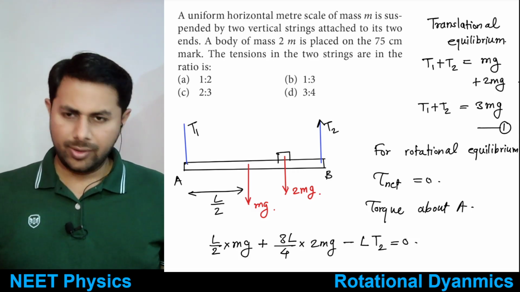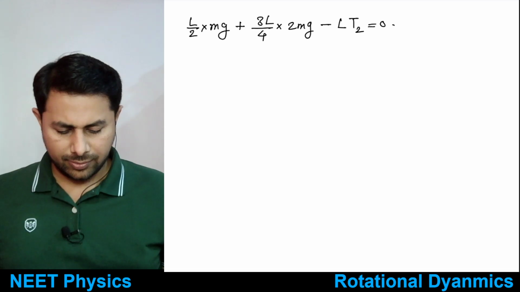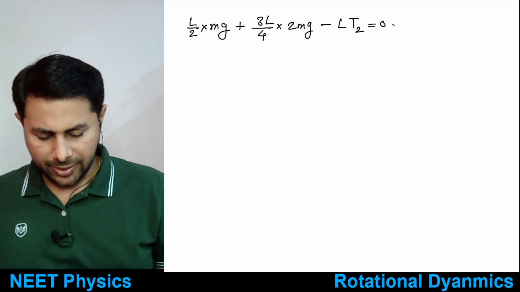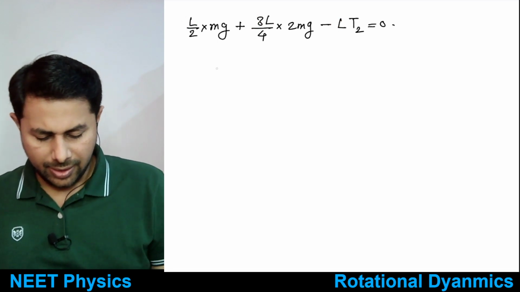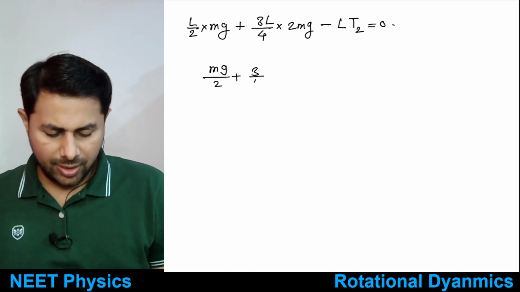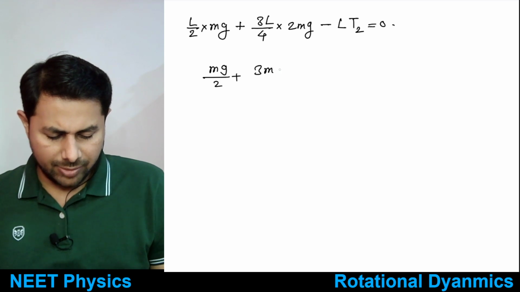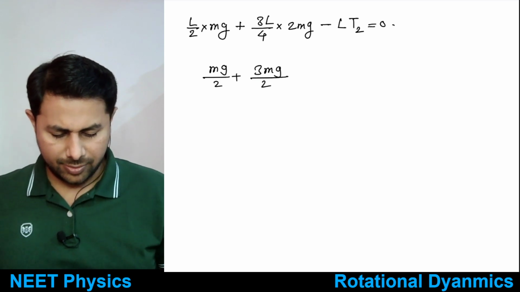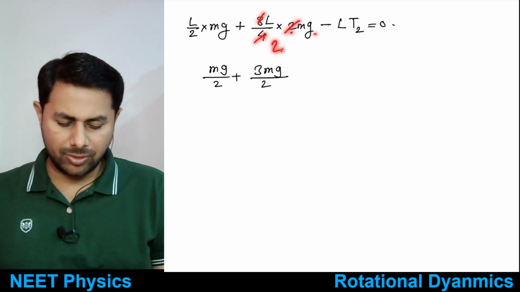Right? Then now what I can do is I can cancel out L everywhere, and then I have mg divided by 2 plus 3/4 of 2 mg, so that is 3 mg divided by 2, right? 3/4 of 2 mg means 2 by 4 is 1 by 2.